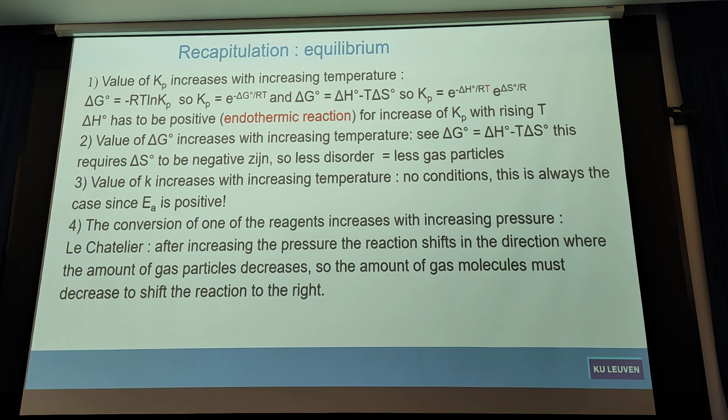So, in fact, for delta G to increase with increasing temperature, we actually would require delta S to be negative. And this is possible for a reaction in which we have fewer gas particles.